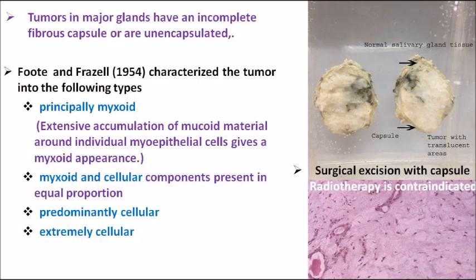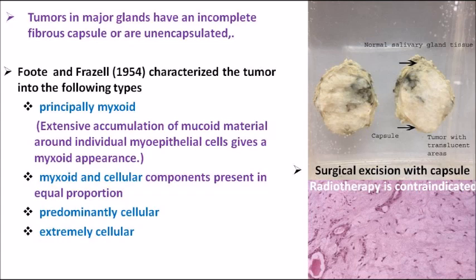Finally, in pleomorphic adenoma, we should also learn a small classification. Foot and Fresel in 1954 classified pleomorphic adenoma into 4 types based upon the content within it. If the material is purely connective tissue, it is called principally myxoid; excessive accumulation of mucoid material around individual myoepithelial cells gives a myxoid appearance.